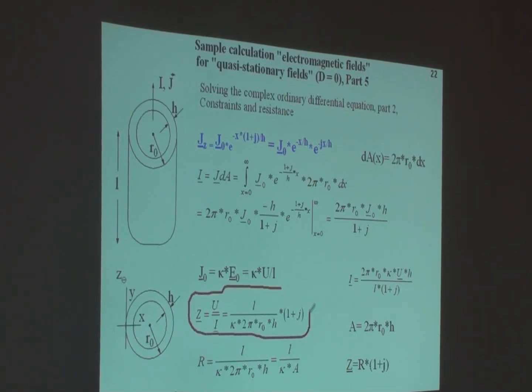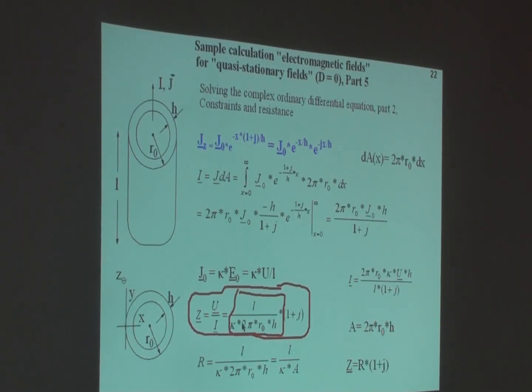for Z. What does this mean? Z is voltage divided by current, complex, and so you get this. What does it mean? It's a factor here. What is this? That is R. What is this?